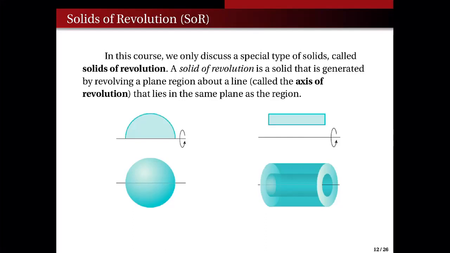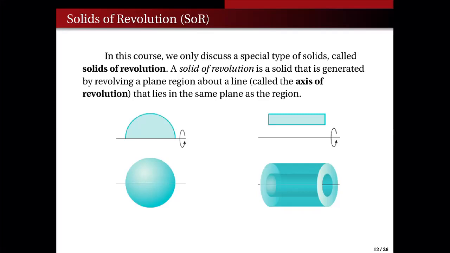But there's also a possibility that you have a plane region, say a rectangle, and your axis of revolution does not intersect your plane region. This is your rectangle. Your axis of revolution is here. So when you revolve this, what you will get here is like a tube.